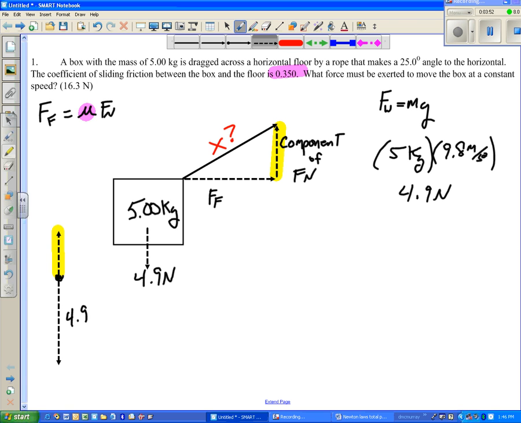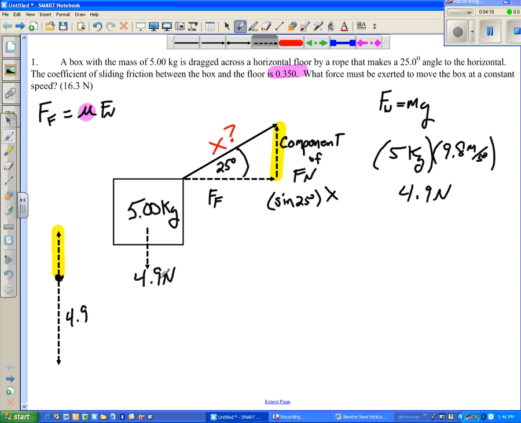Well, if we wanted to find this component of Fn, we'd have to do some trigonometry. And the angle that we're working with is 25 degrees. Now, if we knew x, we would have opposite over hypotenuse, which is sine. And so this component of Fn is the sine of 25 degrees times whatever the hypotenuse would be, which we're deeming x.